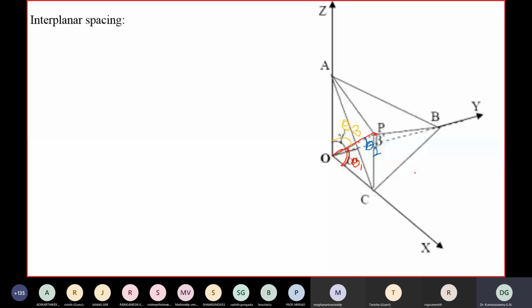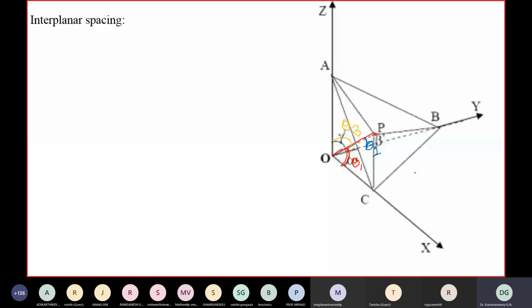Right? So OP acts as common adjacent to three right angle triangles. Now we can represent OP as OP is adjacent. PB is opposite.